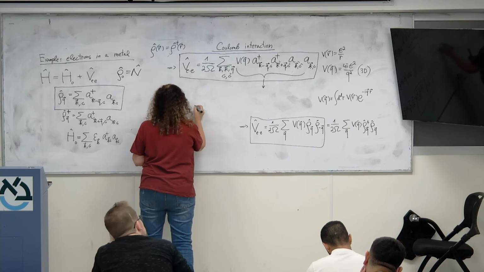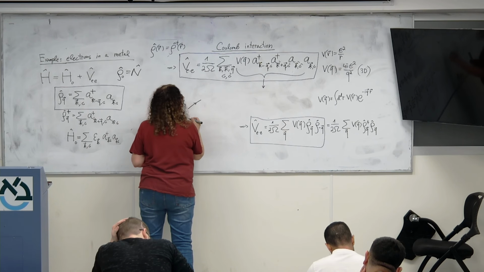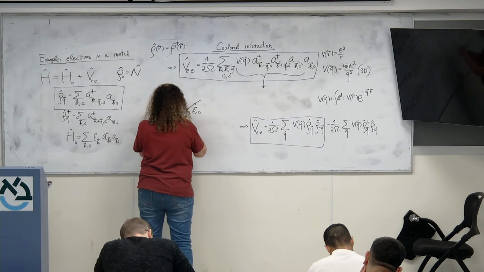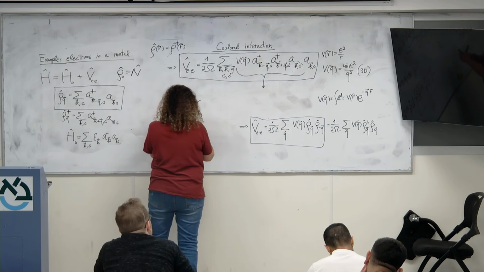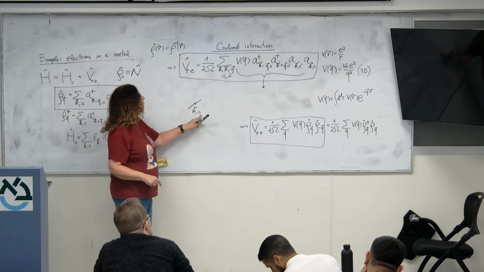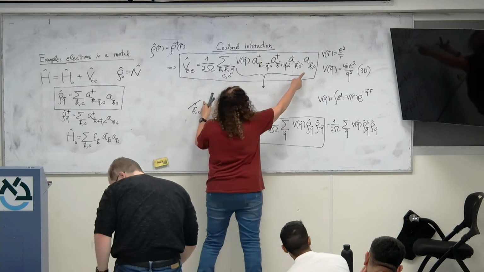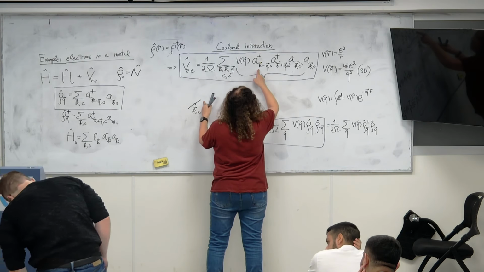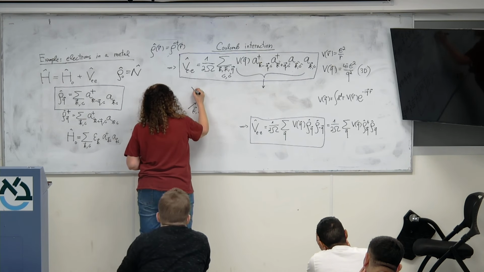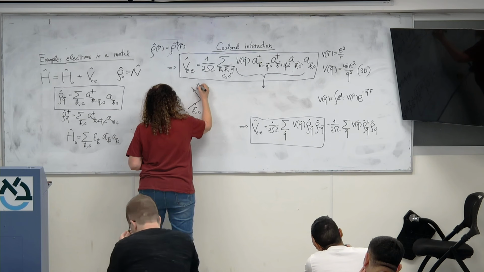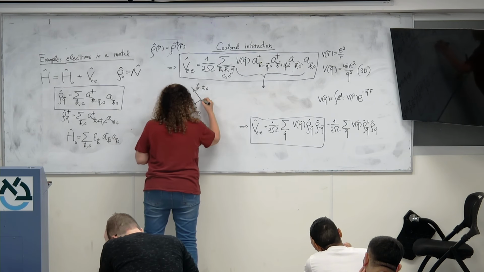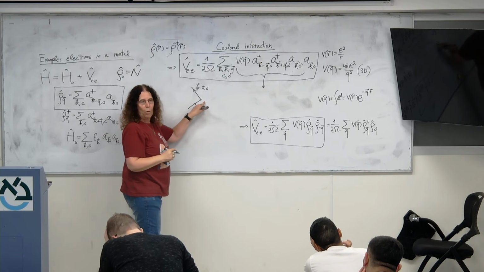There is an incoming electron with k and sigma, and it's being scattered. The same electron with the same sigma is being scattered into, what is it? k minus q. So this is k minus q, but the same sigma. But here, how did you lose the momentum?